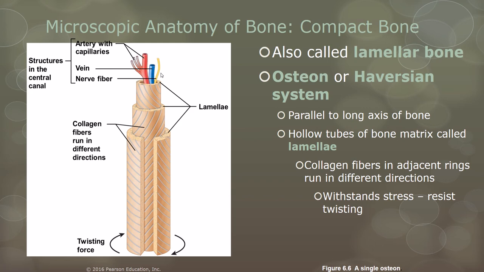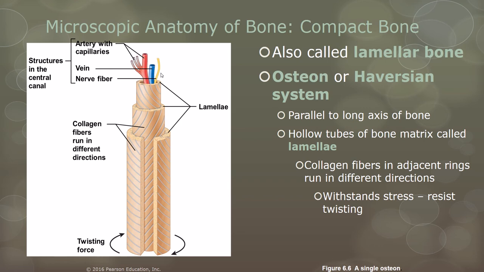That central canal is known as a Haversian canal, and so when you look at compact bone in lab, it looked like tree rings, right? And that central canal is the Haversian canal that's like the center of the tree. So osteons are basically a hollow tube. That tube is the canal, again, through which blood vessels and nerves will run.